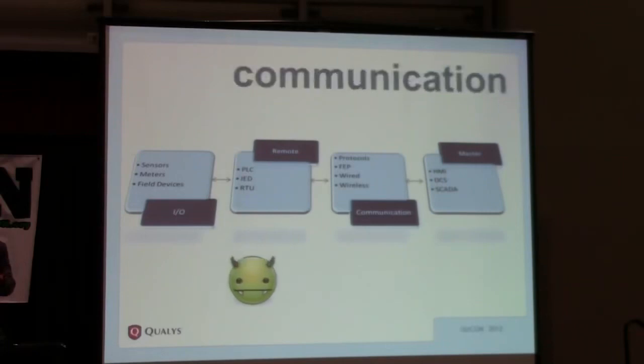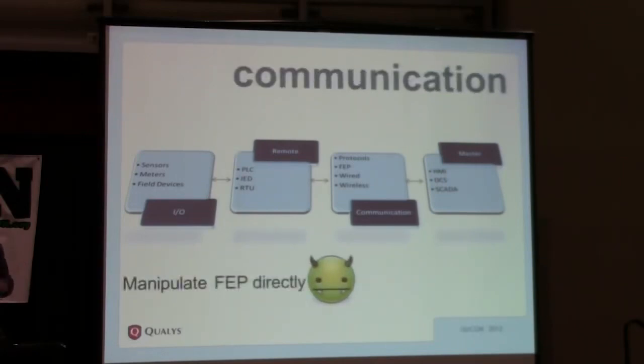Let's look at some of the communication threats, so threats which are in this component. As I mentioned, there are at least 2 dozen, 3 dozen different SCADA protocols. If you manipulate those protocols, what an attacker could do is give a wrong impression to the control center of what is happening in the field.